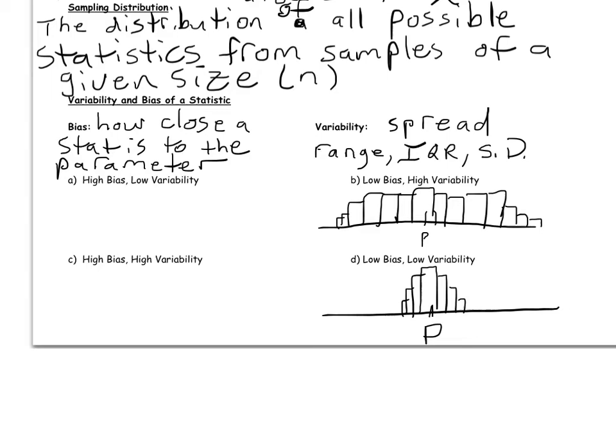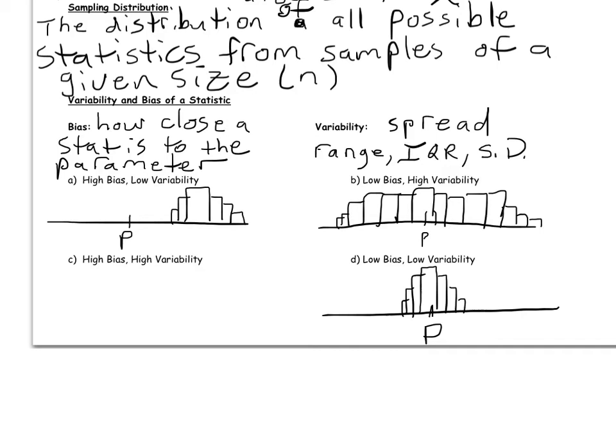Okay, so now A and B are talking about, well, what if the bias was high? Well, that would be something like, let's look at this. So here's P. So if the bias was high, that means that the measurements that I'm getting, the statistics that I'm getting from my samples, are not close to the parameter that I'm measuring. So that means my histogram might look something like this.